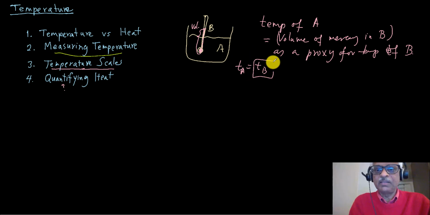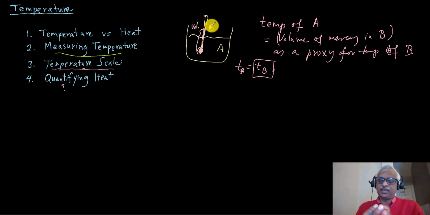And how do I get the temperature of B? We look up the volume. This tells you that we can develop a numerical scale of this conceptual, very abstract thing called temperature, by actually looking at some other property.